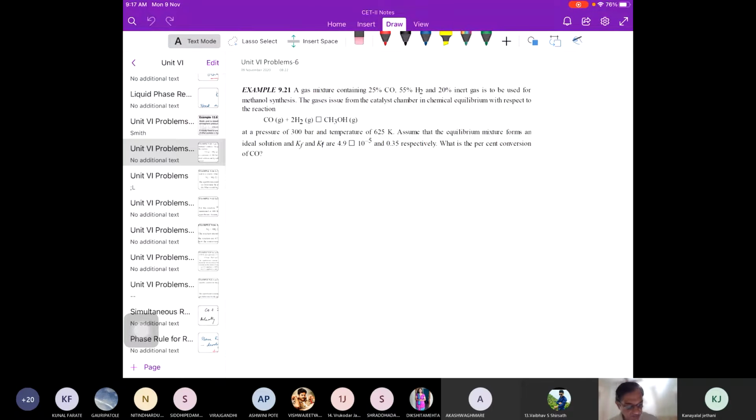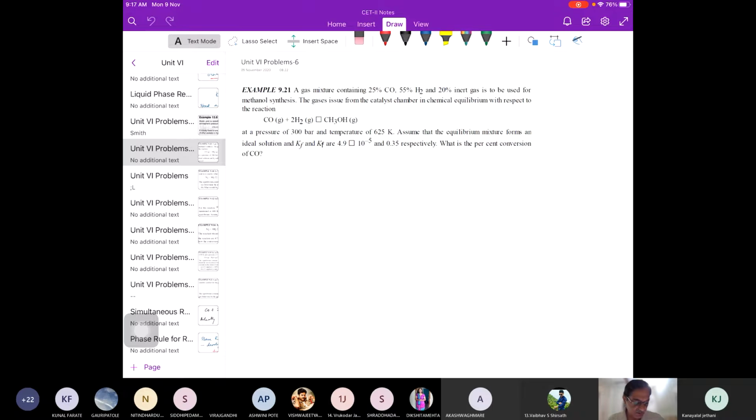A gas mixture containing 25% CO, 55% hydrogen and 20% inert gas is to be used for methanol synthesis. The gases issue from the catalyst chamber in chemical equilibrium with respect to the reaction CO plus 2H2 gives CH3OH at a pressure of 300 bar and temperature of 625 Kelvin.